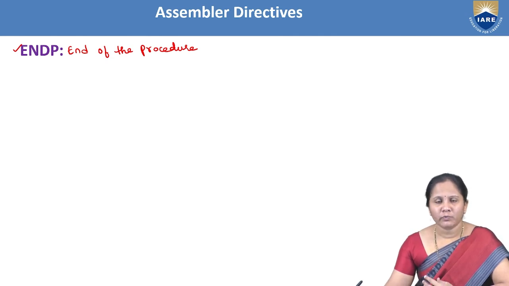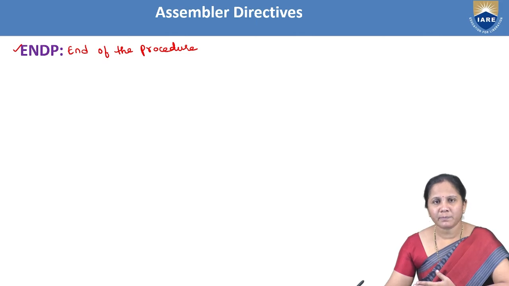For that procedure, we have to write the name of the procedure, and we should also tell the assembler that it is a procedure. That procedure consists of some set of instructions which need to be executed to perform a specific operation. Soon after all the lines are completed in the procedure, the last line of the procedure should be the assembler directive ENDP.